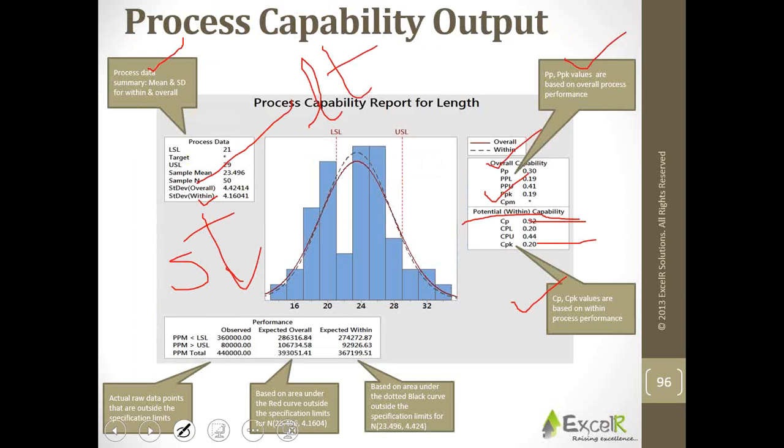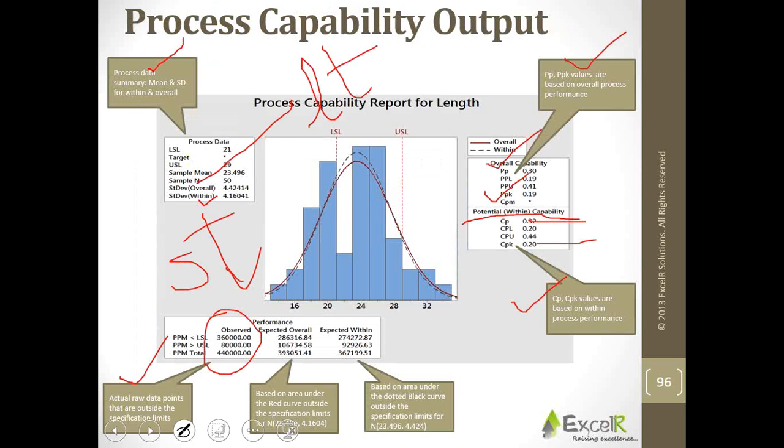There are a few more things given here. One is the actual raw data points that are outside the specification limits. How many points are falling outside the specification limits? You can get those details from here.